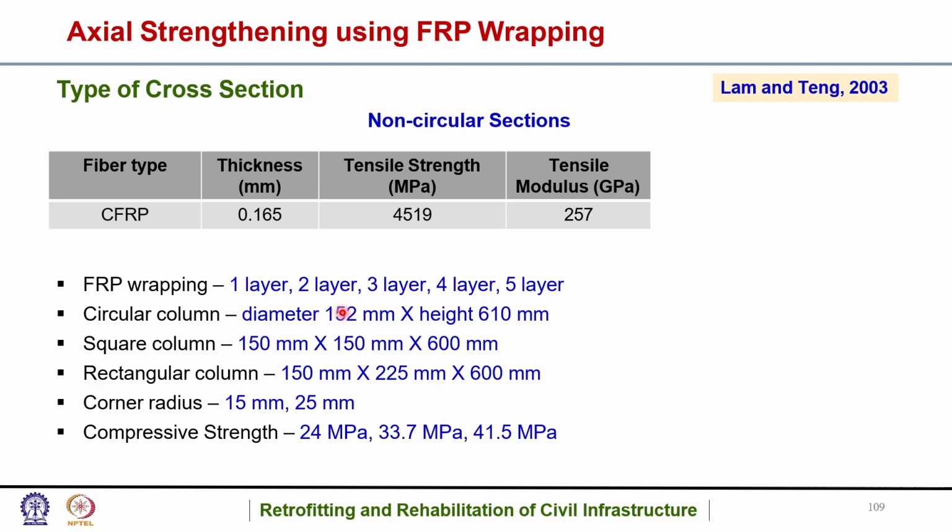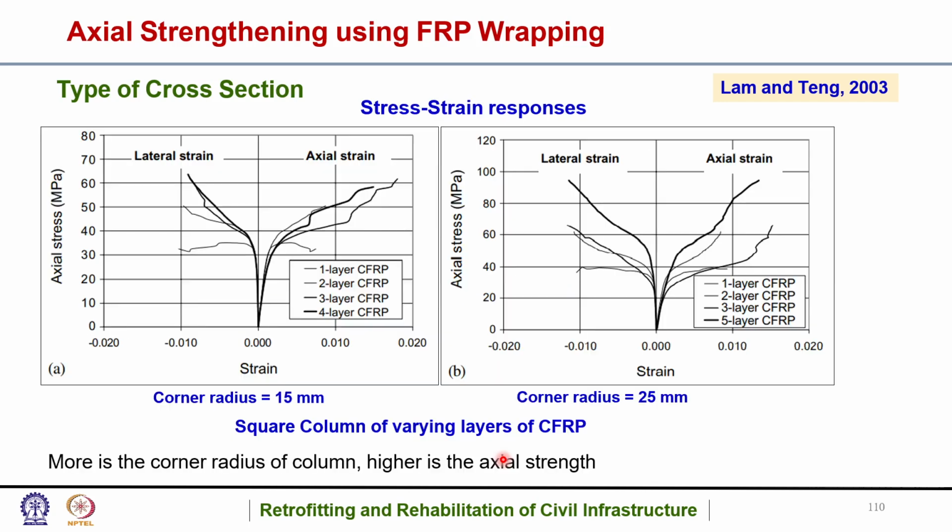The circular column had dimensions of 152 mm diameter and 610 mm height. The square column was 150 by 150 mm cross section with 600 mm height, and the rectangular column had 150 by 225 mm cross section with 600 mm height. The corner radius was 15 mm and 25 mm, and compressive strengths of 24, 33.7 and 41.5 megapascal were used.